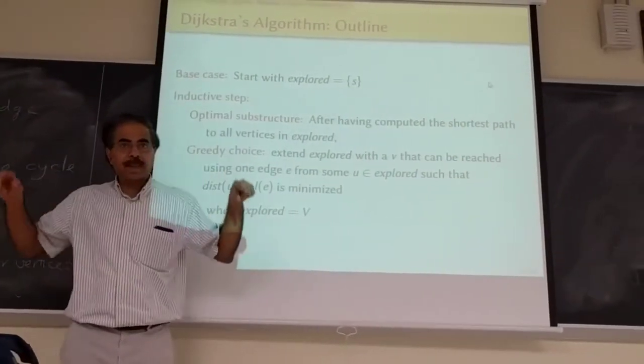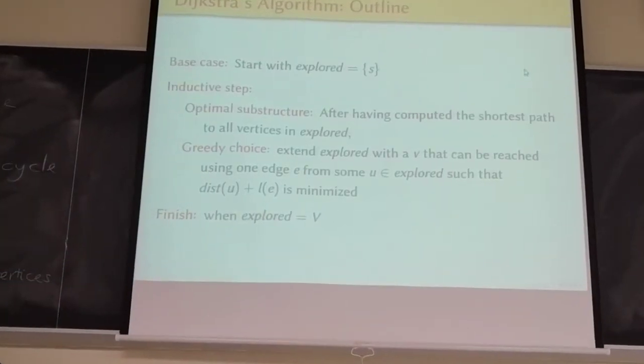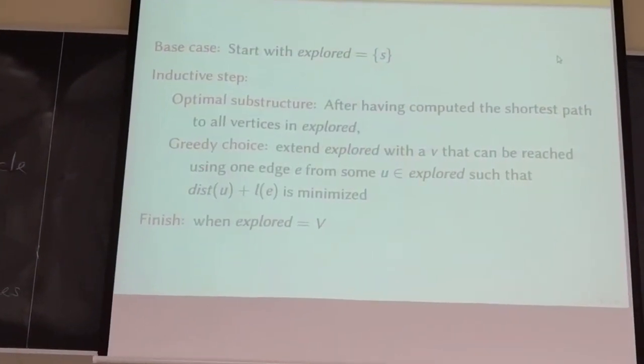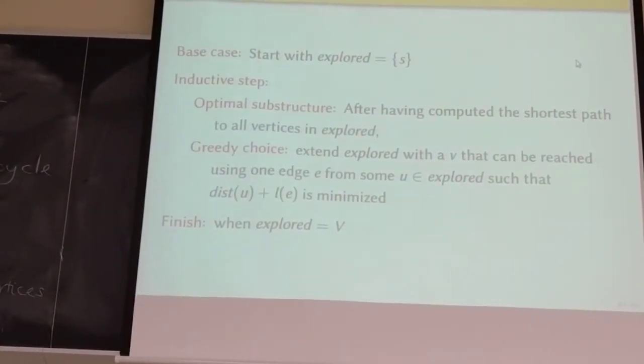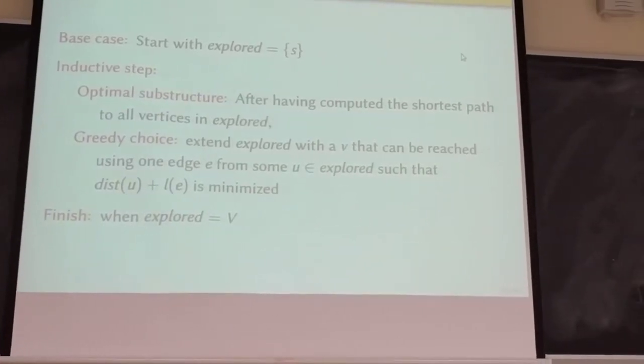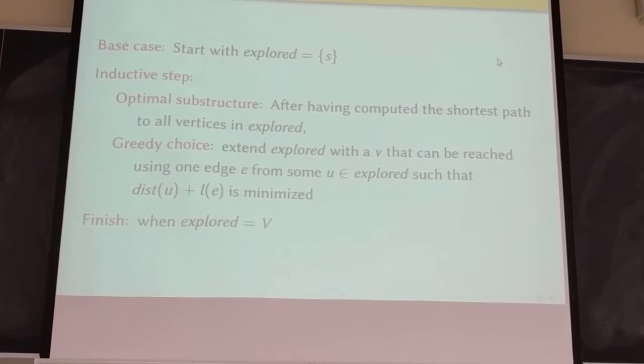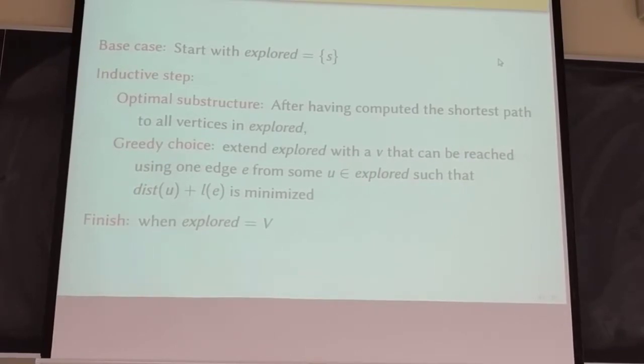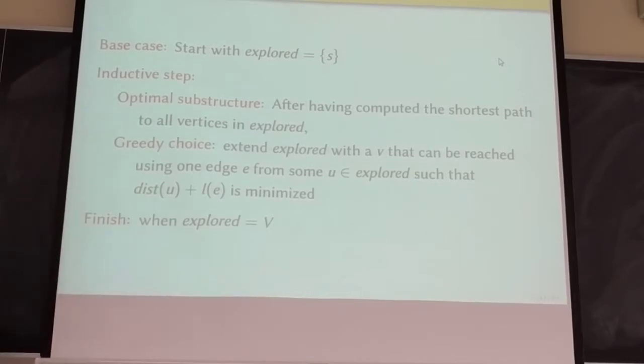We're just going to look at the periphery of the explored set, and within that we are going to try to find the next vertex with the shortest path. Why this choice happens to be optimal, we'll come back to that a bit later.